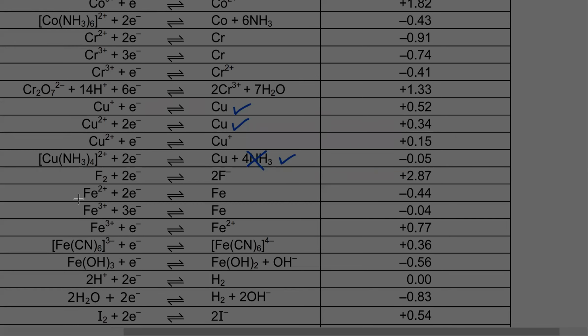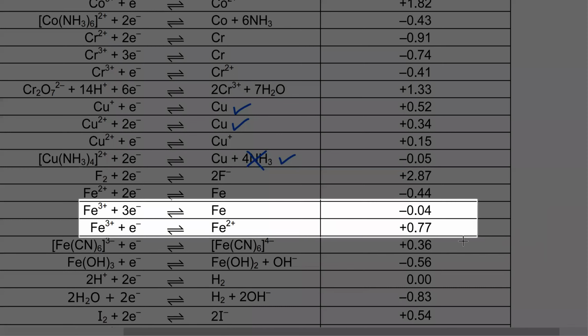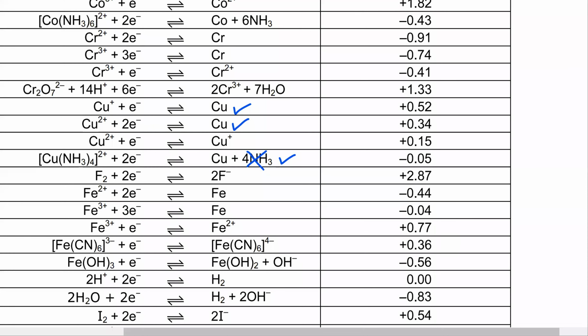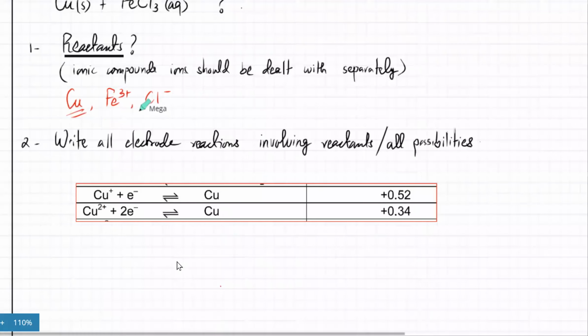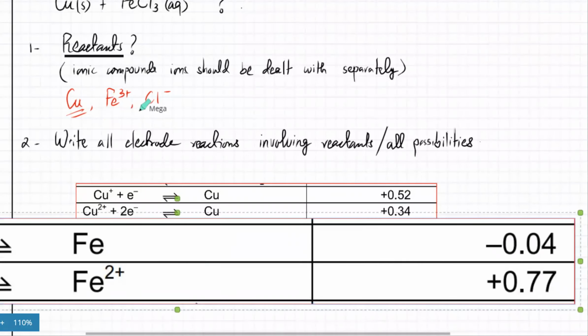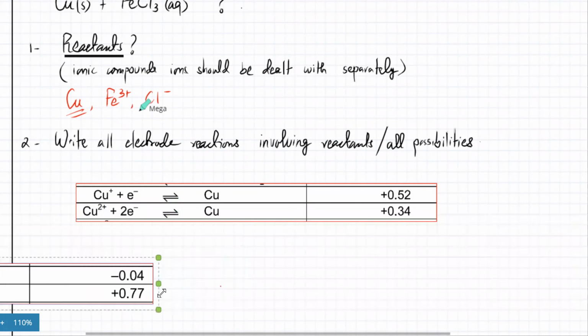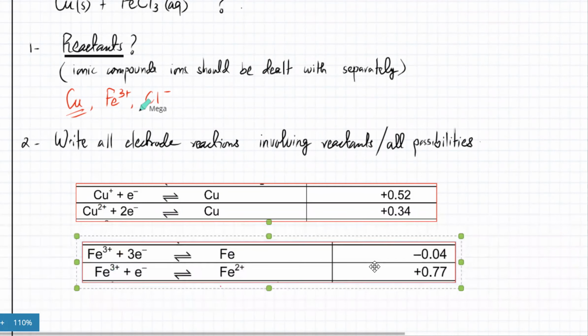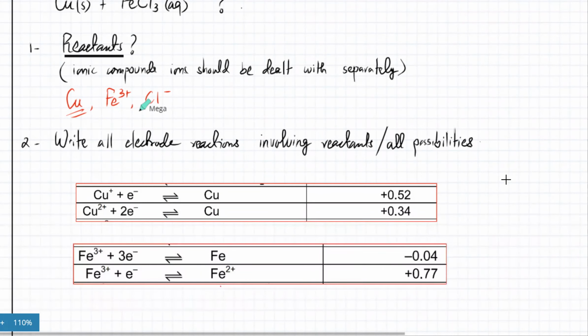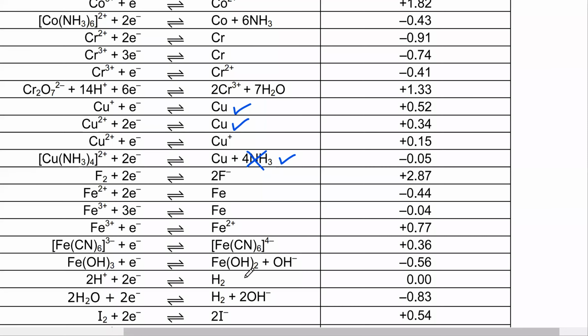So both equations copied, and here are both of them. And let's see if there's any other Fe3 plus equations, which I don't think there's any other place where Fe3 plus is coming in. Only these two. And then we have Cl-1.